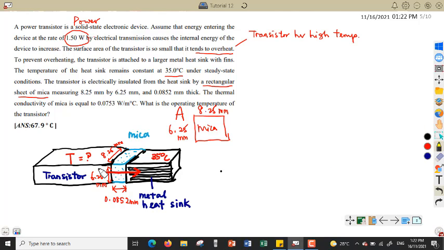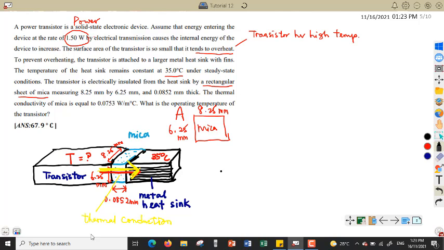There will be heat conducted from the transistor towards the metal heat sink across the nickel. So thermal conduction occurs across the nickel. The heat will flow from the high temperature transistor towards the low temperature metal heat sink.